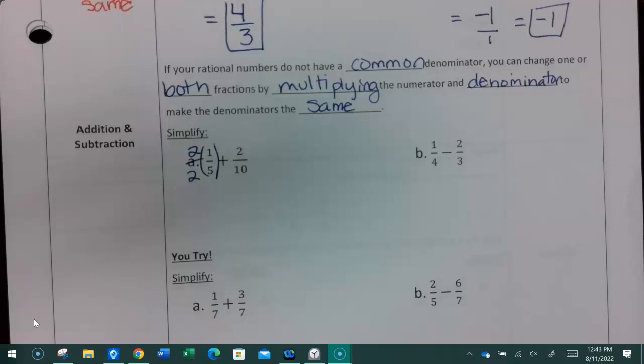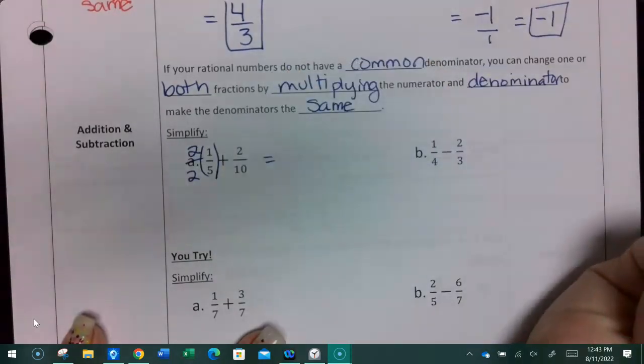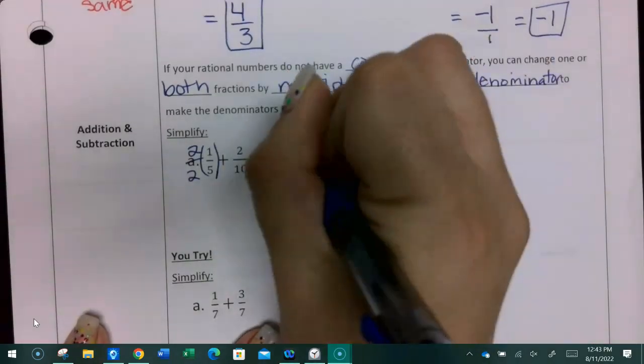Okay, so 2 over 2 is really 1. So if I multiply them both by 2, it's going to keep the fraction the same. If I only multiply one of them by 2, it's going to mess with my fraction and not make it the same. So 2 times 1 gives me, 2 times 5 gives me.